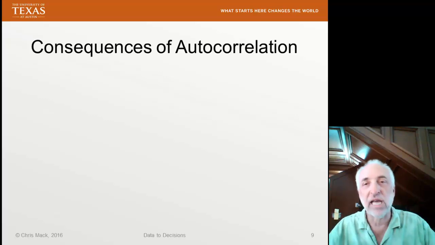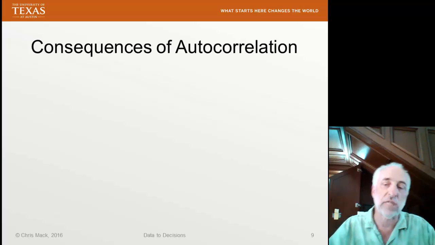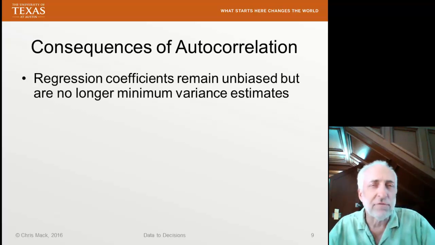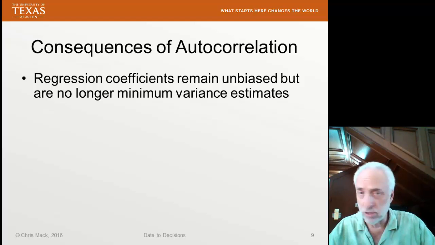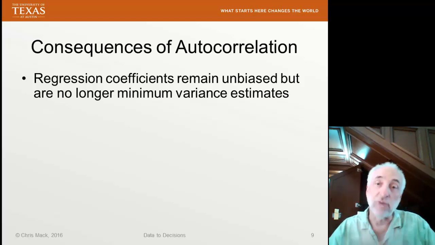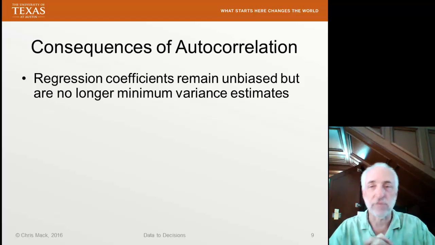All right, what are the consequences of autocorrelation? We've done a test. Durbin-Watson says, yes, there is autocorrelation in our residuals. What does that mean? How does that affect our regression? Well, it turns out the regression coefficients that we get when we do an ordinary least squares regression are still unbiased. So that's a good thing. We have unbiased regression coefficients.